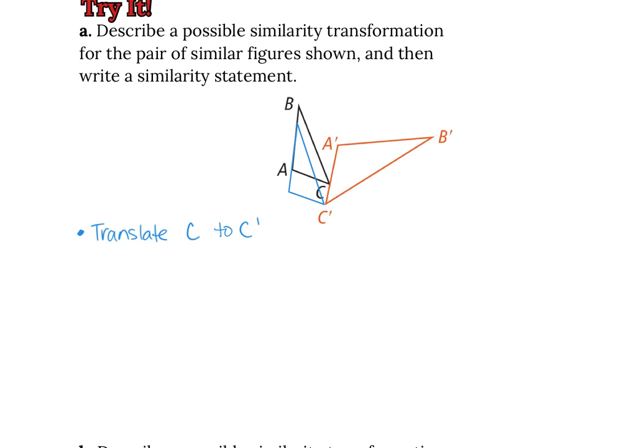From here, I would rotate my image so that AB is on AB prime. Okay, so I'm going to rotate this, try not to distort it. It's not going to let me rotate the original image without distorting my triangle.